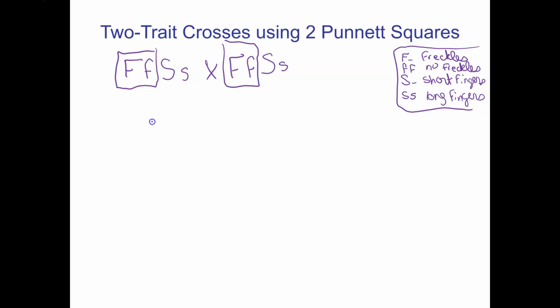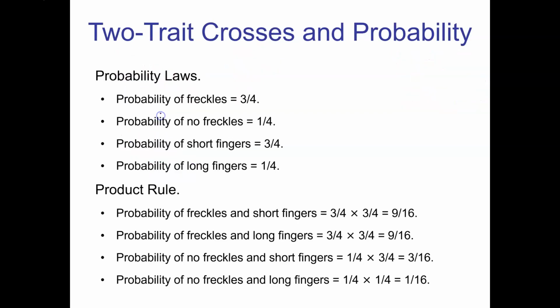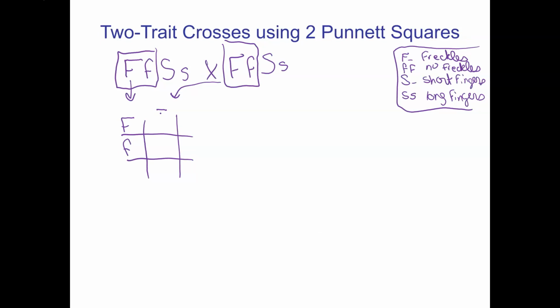So I'm going to use the big F, just the freckles over here. So I do a small Punnett. And I'm going to move his right here, big F, little f, and I'll move hers right here. Okay, there. Big F, little f, big F, little f.